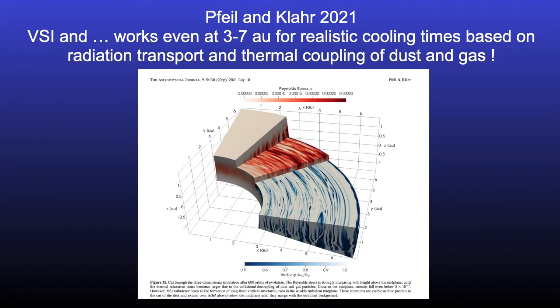Cooling time is given by radiative processes. So heat first has to diffuse through your optically thick parts, then it has to be radiated at the photosphere, and if you're cooling, then you're cooling the dust grains. So also the thermal coupling between dust and gas has to be provided by collisions.